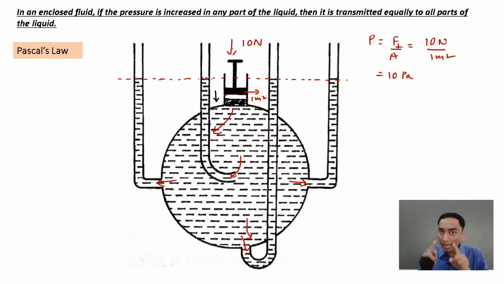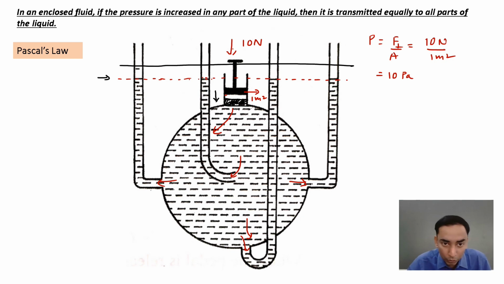So the 10 pascals liquid is going to push the liquid everywhere, and due to which this free surface of the water in all the pipes is going to reduce by the same amount. Now you will see that the liquids will rise to a new height. And when we do this experiment, we find that the final height of the liquid is same everywhere.